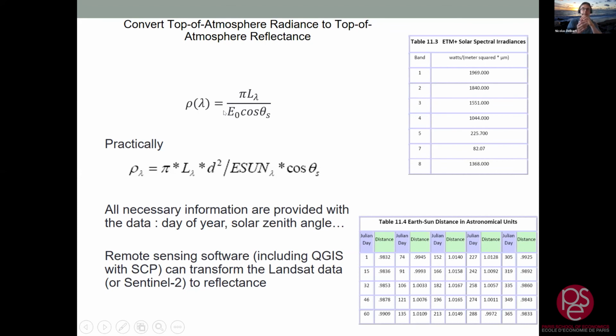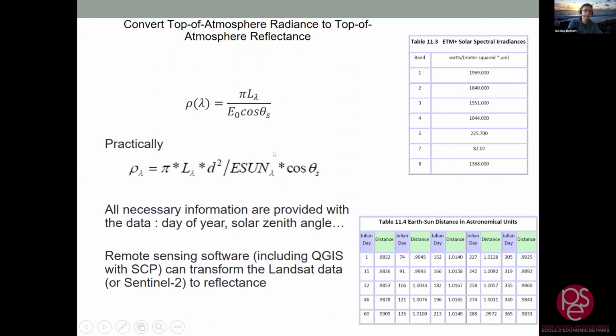E0 is the irradiance when we are facing the sun, when the sun is totally above the surface, corrected by the cosine of the zenithal angle. And this zenithal angle is provided with a remote sensing image.